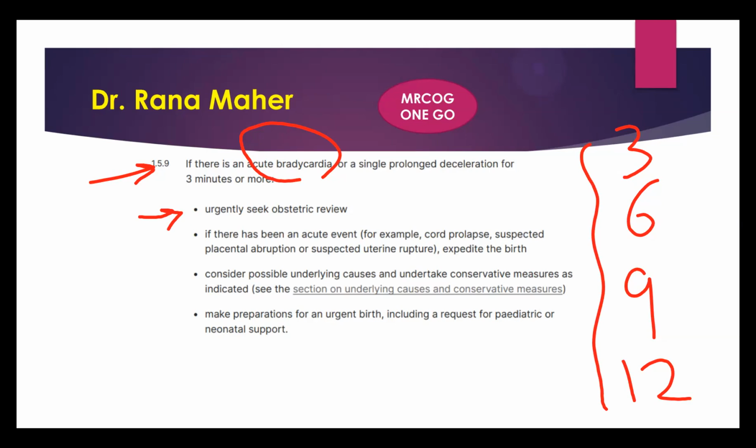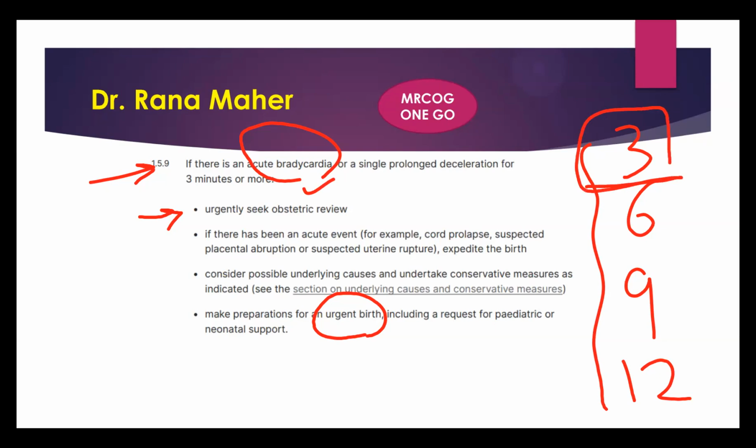Make preparations for an urgent birth, including a request for a pediatrician to come and assess the baby, and neonatal support for sure. Okay, so what about the rule of 3, 6, 9, and 12? Here, no time to offer this patient fetal blood sampling. So we diagnose acute bradycardia, implement some changes, urgent review, and we will assess again.